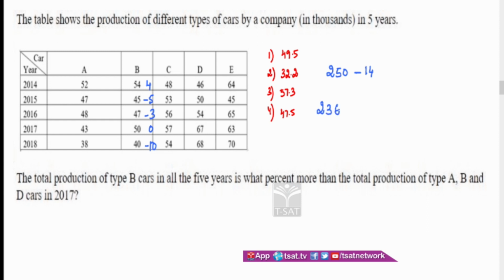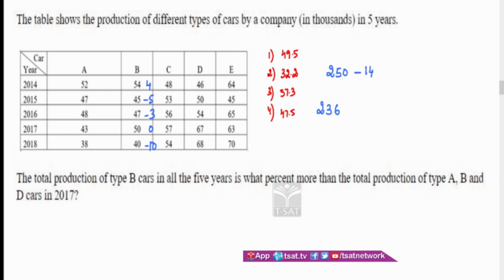You can actually do the normal sum also, but sometimes these numbers are easy, and sometimes the numbers may be irritating or not so friendly. So in that case, you can assume a number. So here I have assumed 50. I have taken 50 into 5, that is 250, and I have taken the deviations. I have done the sum of deviations, I got 14, therefore my sum is 236.